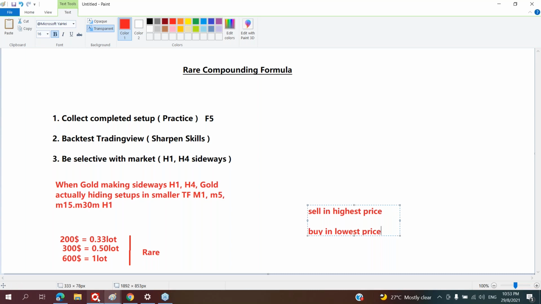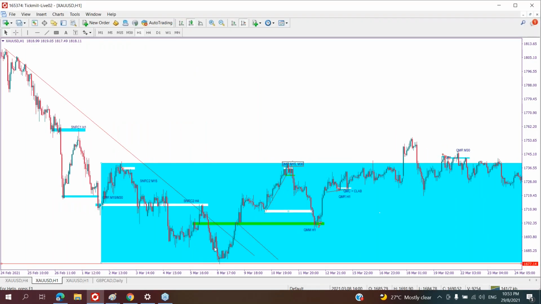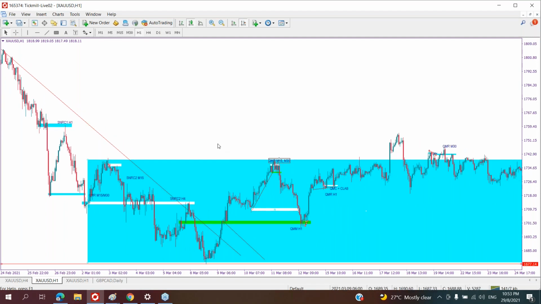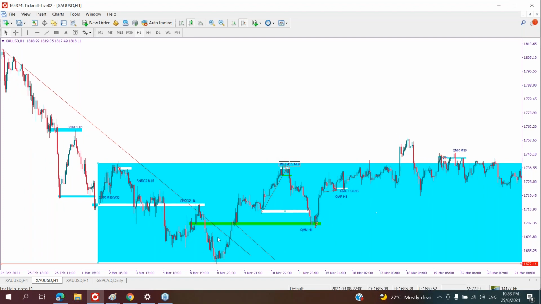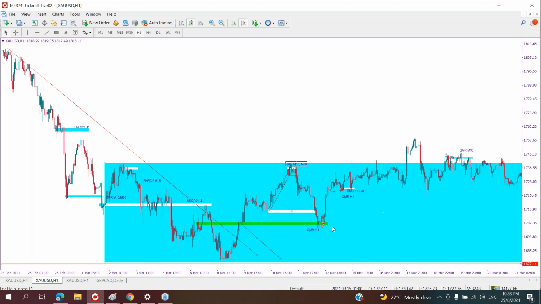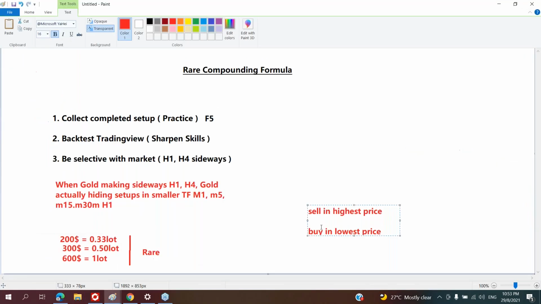But in this situation, price is making a downtrend, and you can see price making a QM sell at the lowest price. When you go back here, are we going to sell at the lowest price? No, we're going to sell at the highest price.